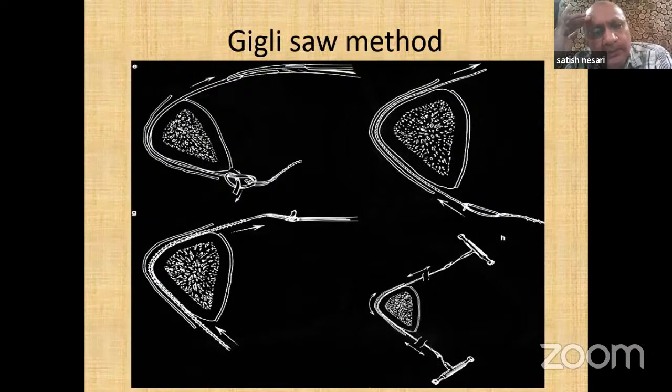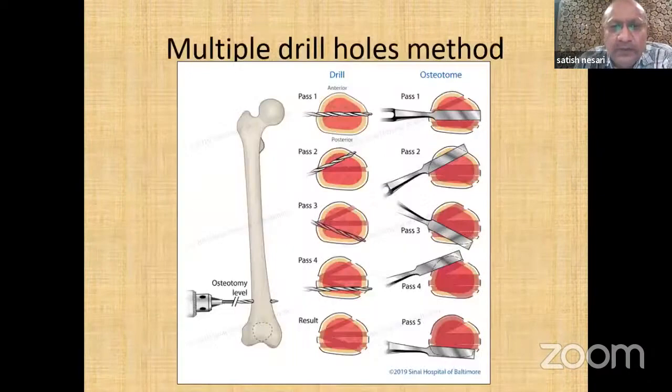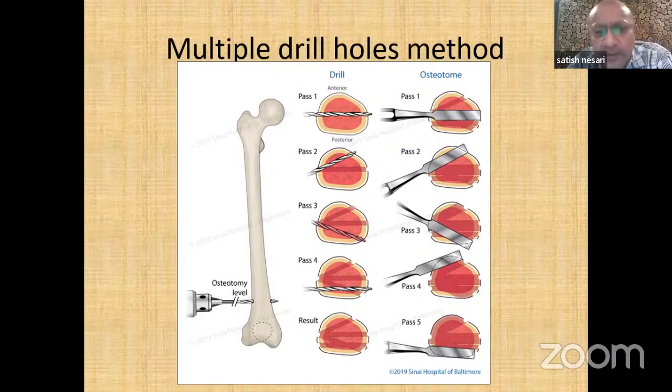The Gigli saw is inserted as shown in this picture, and gradually, with saline pouring, the Gigli saw osteotomy is done.